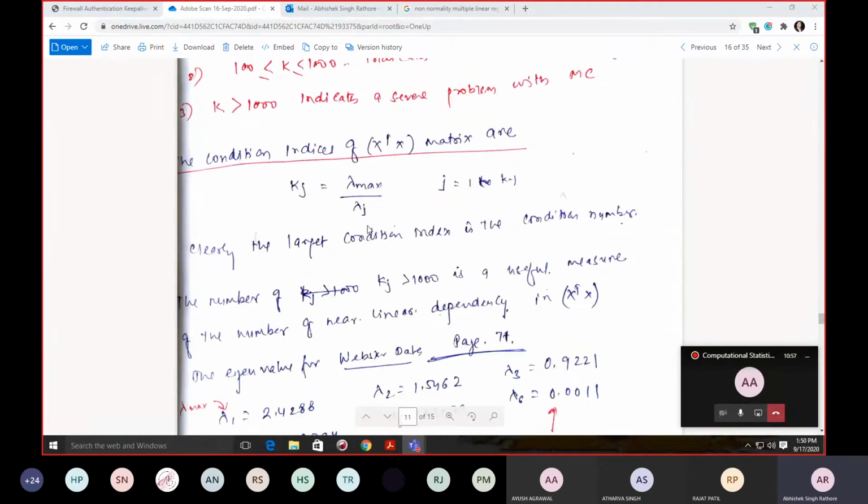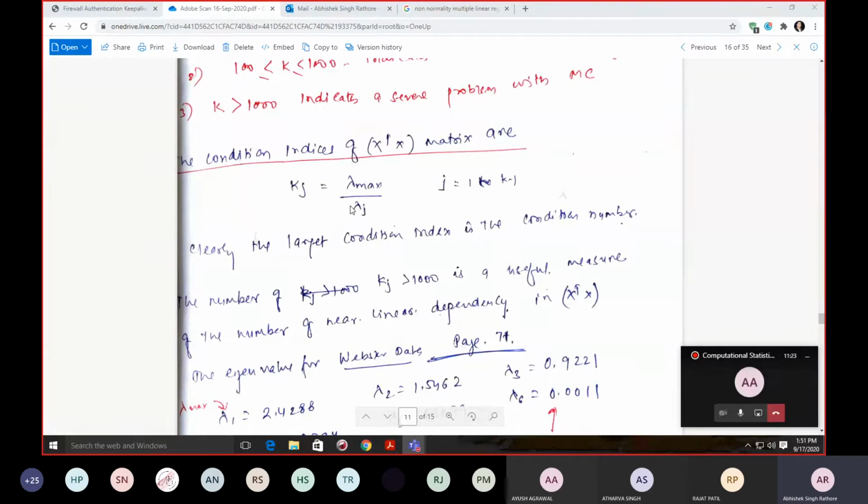So now we are checking again for a particular value. Let's say I am checking a particular attribute. How can we check a particular attribute? Instead of lambda min, we can go for a particular attribute. Let's say I am going for the jth column or jth attribute.